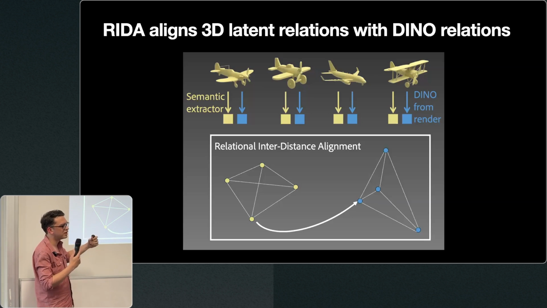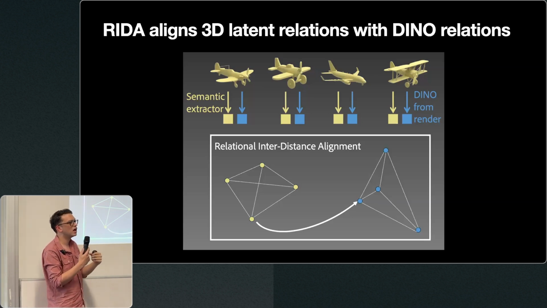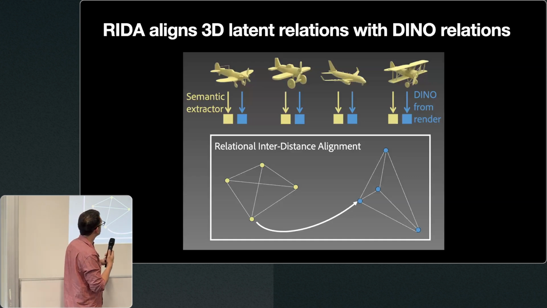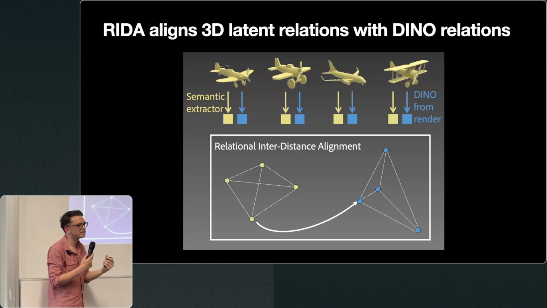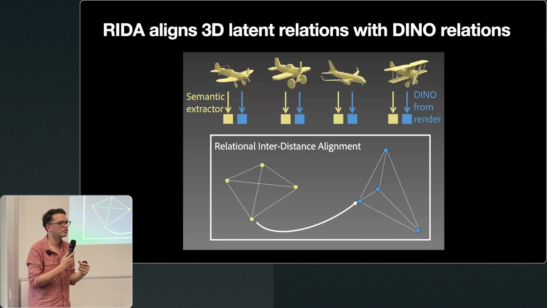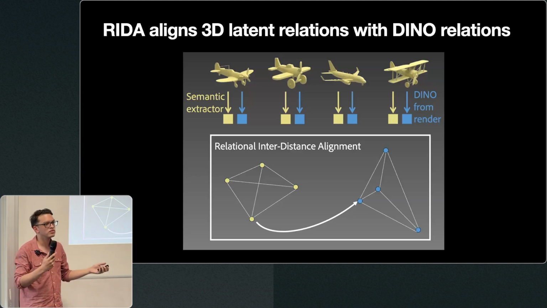We want to modify it so that it captures these semantic relationships of DINO. So if DINO says that a cat and a rabbit should be, let's say, 5 kilometers apart, we are going to reorganize the 3D latent space to follow that relationship.